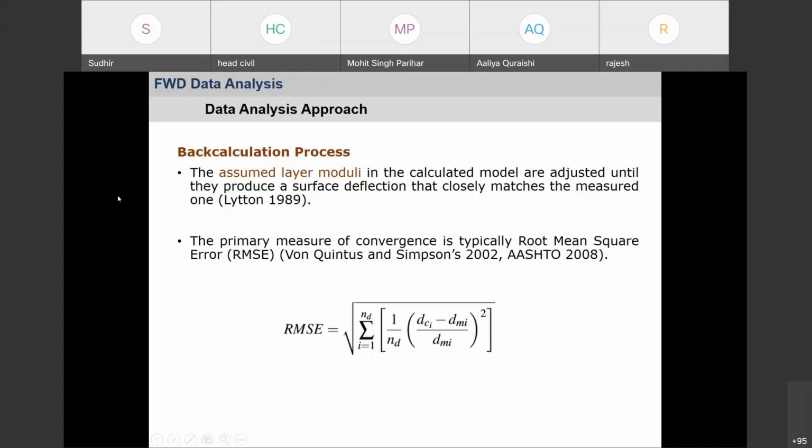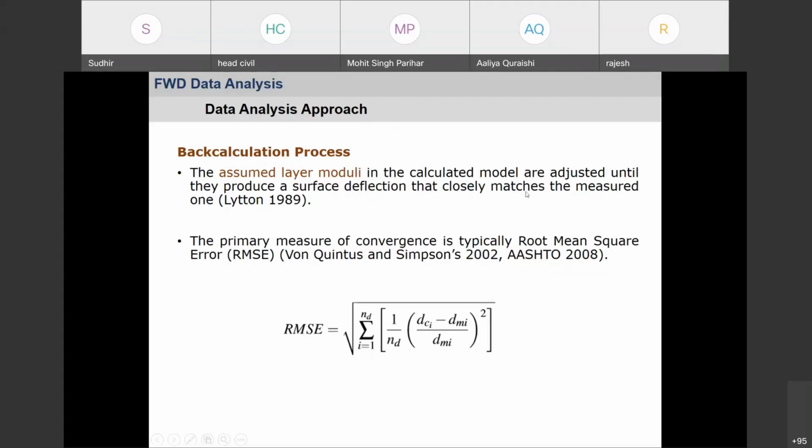So as I had explained with the case of the beam, in analysis of FWD data, you would like to understand what are the layer modulus values, or assume layer modulus values, at which the pavement structure will produce calculated surface deflection the same as the deflections that you have measured in the field.